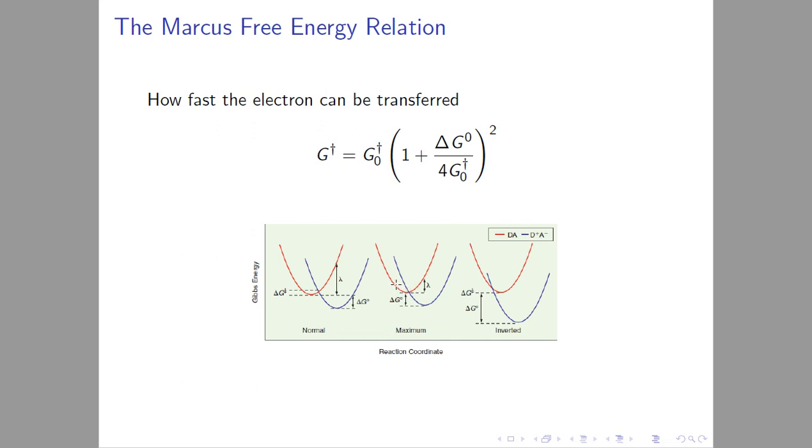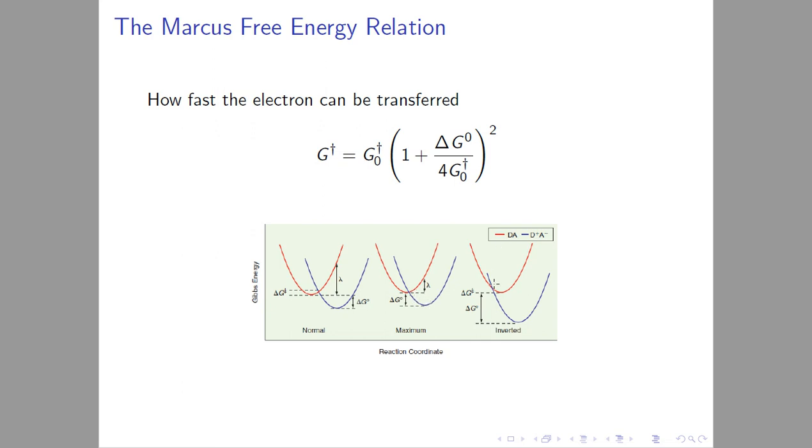So you can see that the electron can move from A to B easily, meaning that there is no barrier.